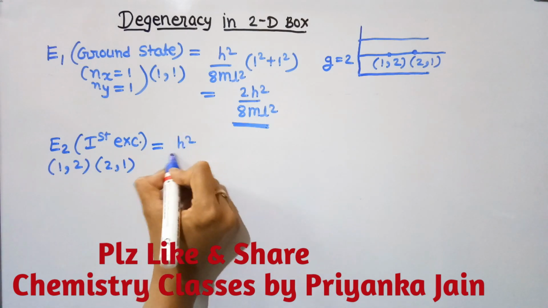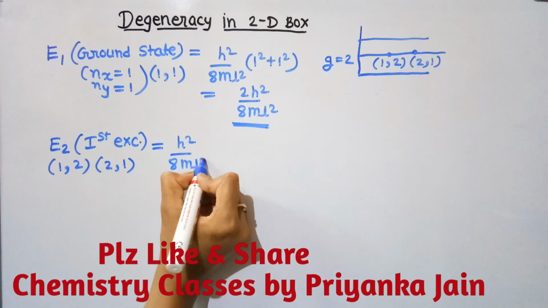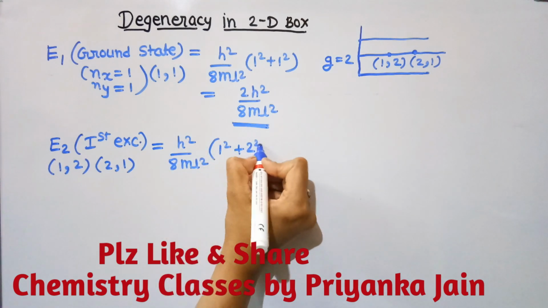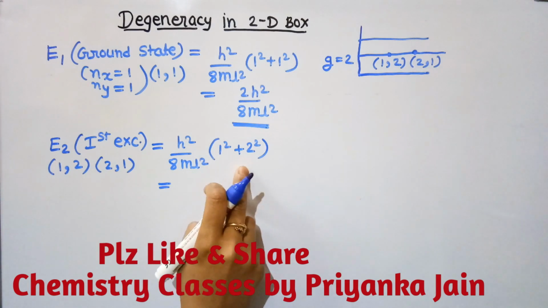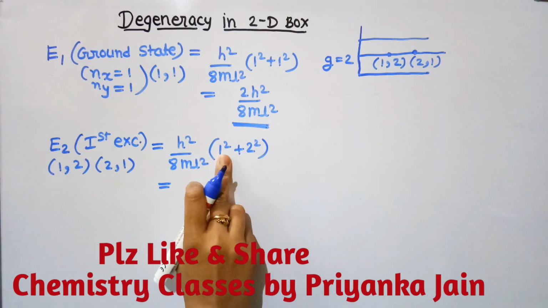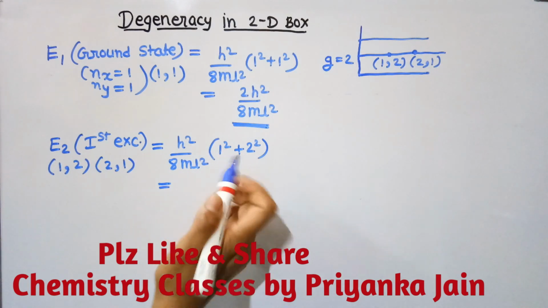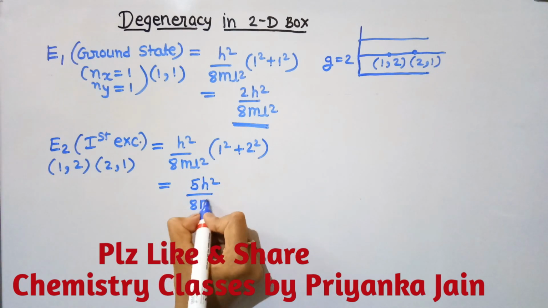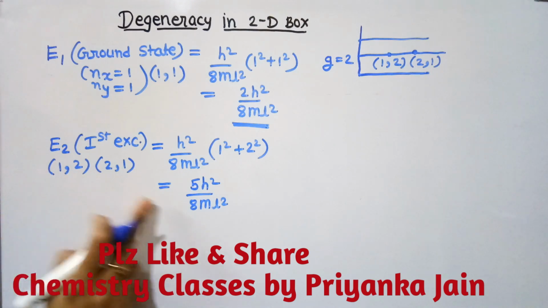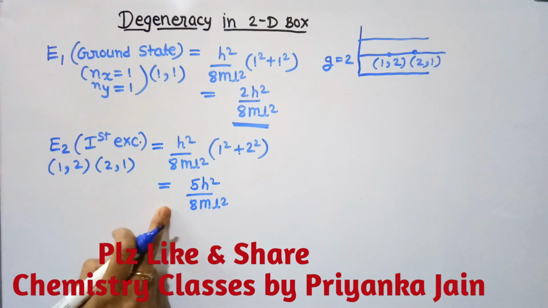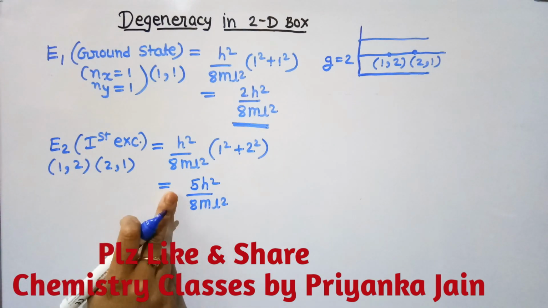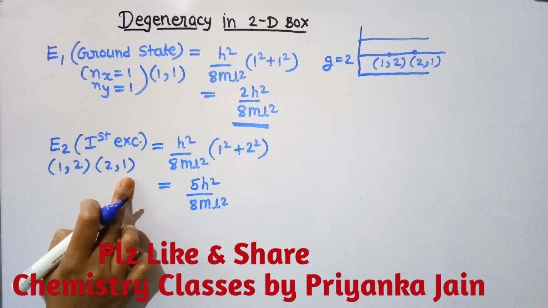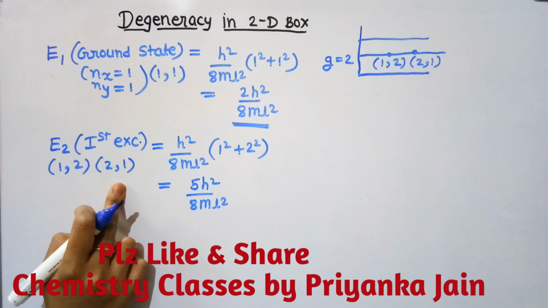The energy will be equal to h square upon 8mL square times 1 square plus 2 square. 1 square means 1 and 2 square means 4. 1 plus 4 means 5h square upon 8mL square. This is the energy of the first excited state, right? And this state will be doubly degenerate. Why? Because there are two states having the same energy.